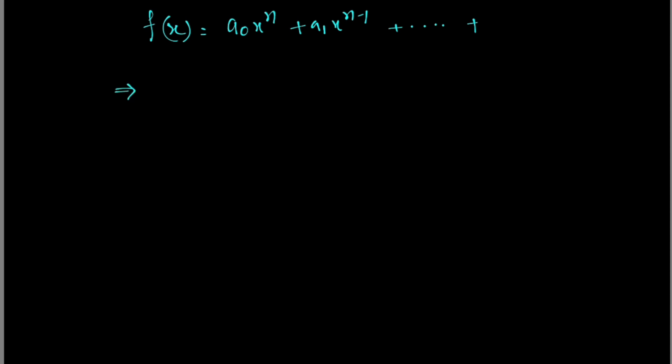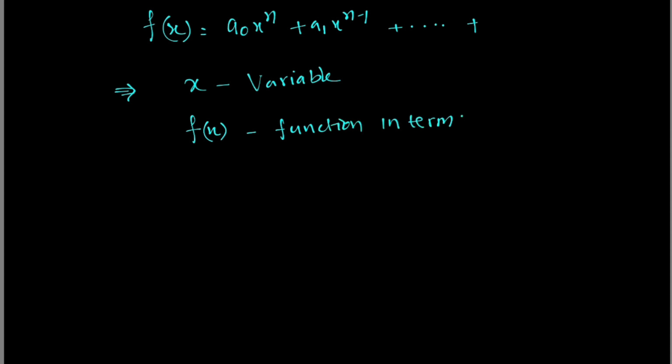From this expression, x is nothing but the variable. Other than x, all the rest of the things are constants, and I'm writing f of x as the function in terms of the variable.